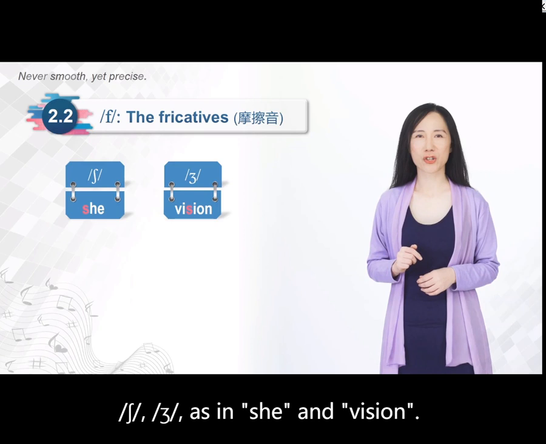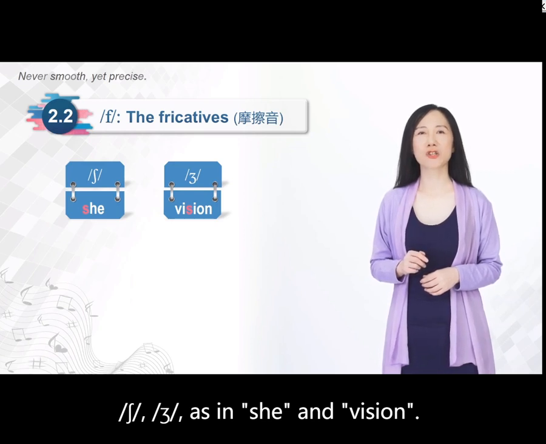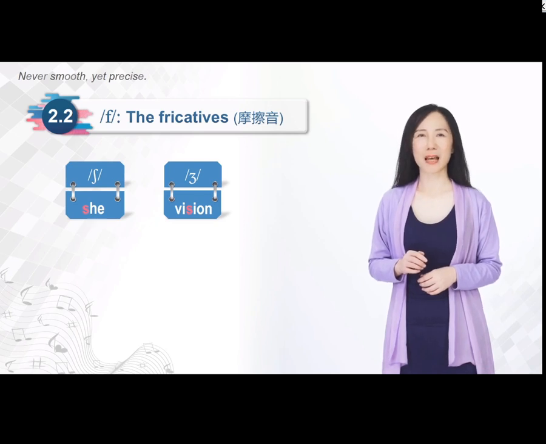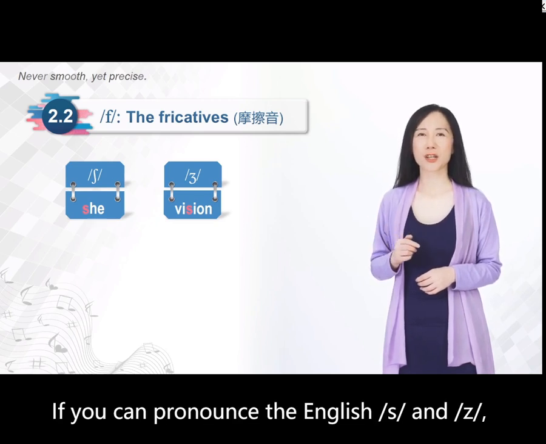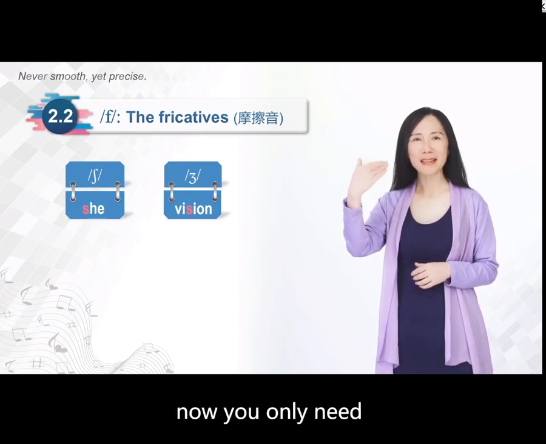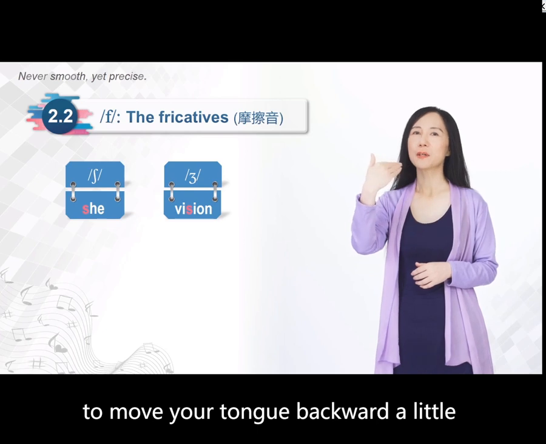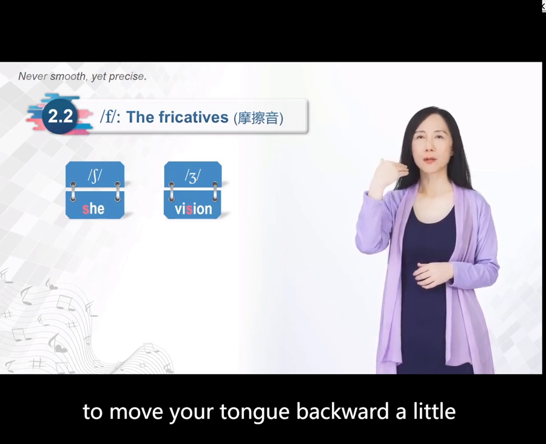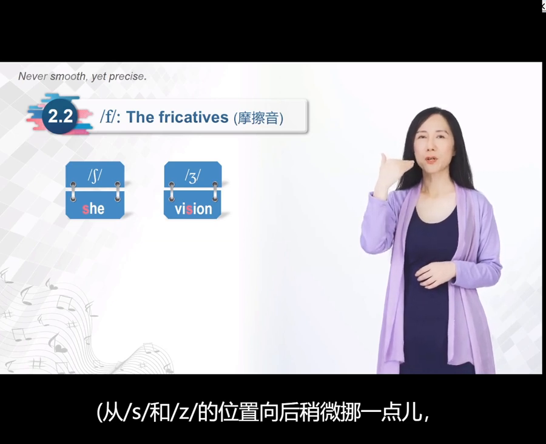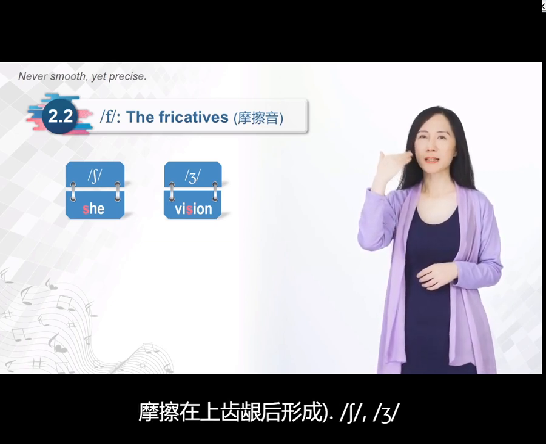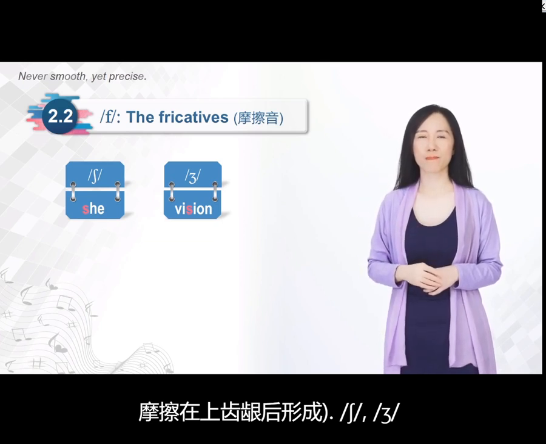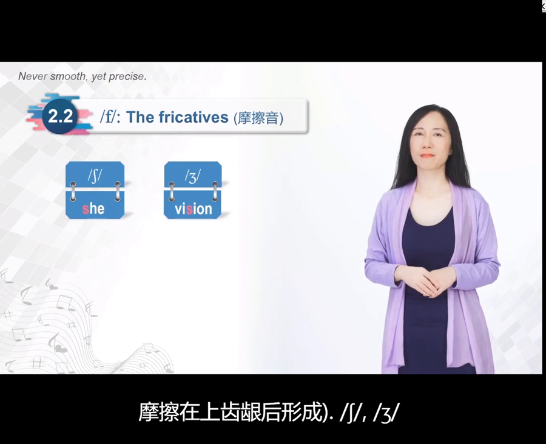Sh, zh, as in she and vision. If you can pronounce the English s and z, now you only need to move your tongue backward a little. 从 s 和 z 的位置向后稍微挪一点儿，摩擦在上齿龈后面的那个地方形成 sh, zh.